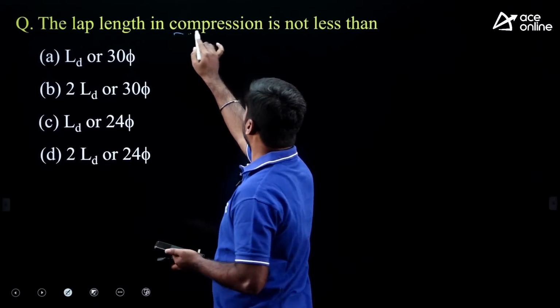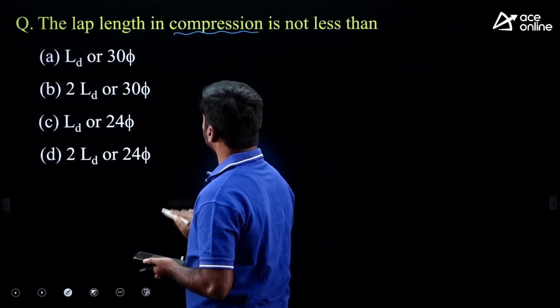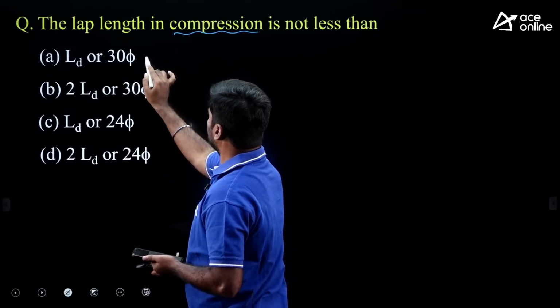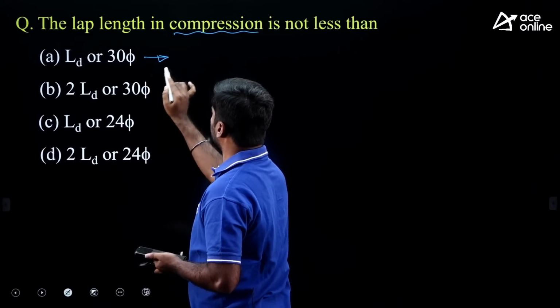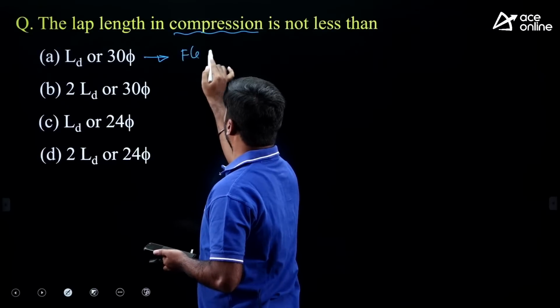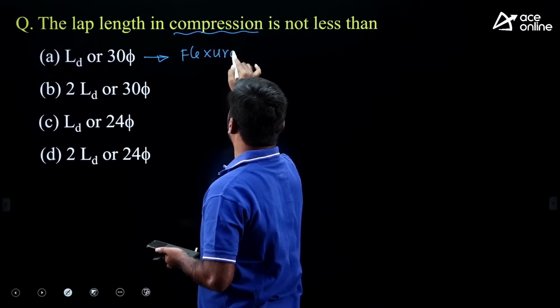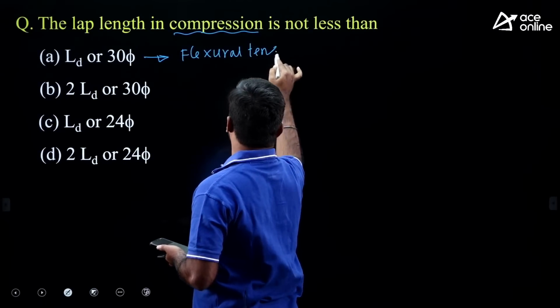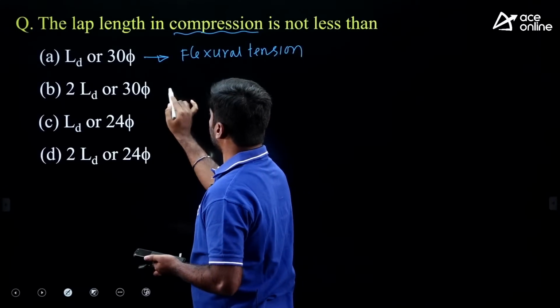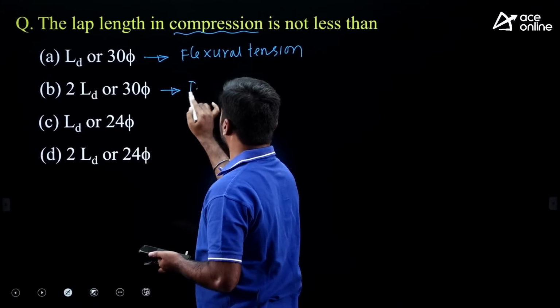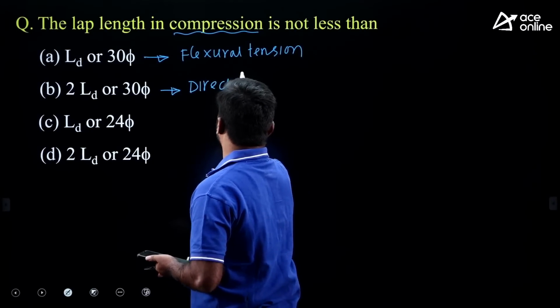In compression, my dear, LD or 30 times bar diameter is the lap length under flexural tension. 2 times LD or 30 times bar diameter is the lap length under direct tension.